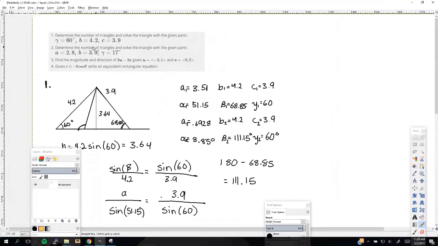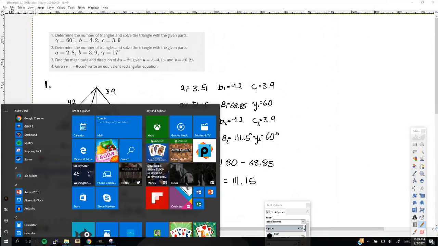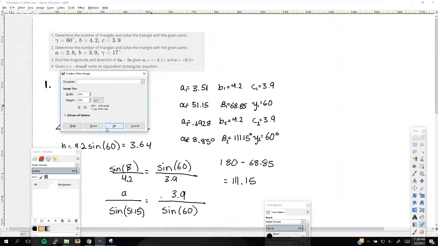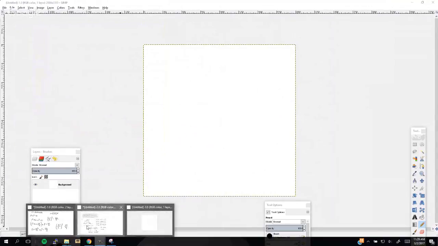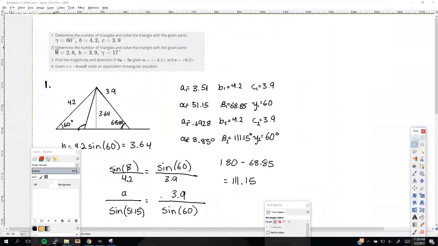Okay. So hopefully this next one only has one triangle. Determine the number of triangles and solve the triangle with the given parts. I hope so. Or maybe I'll have no triangle and then it'll be easier. That'd be great. Probably not.